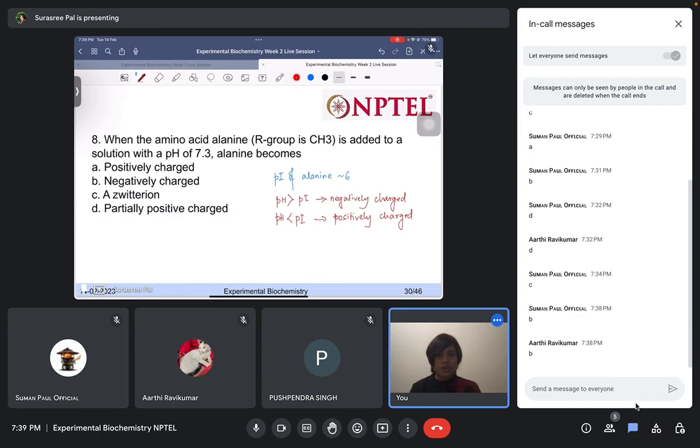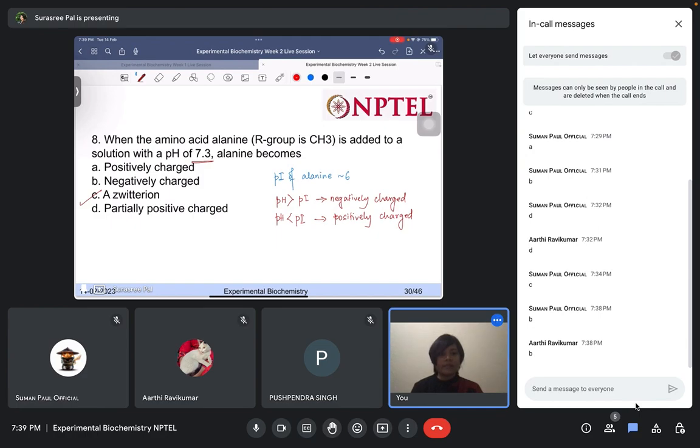That is the buffering zone of this amino acid. So this pH 7.3 is similar, because alanine reaches its zwitterionic form at pH 6 and maintains the zwitterionic form at pH 7.3 as well. So the correct answer will be zwitterion.